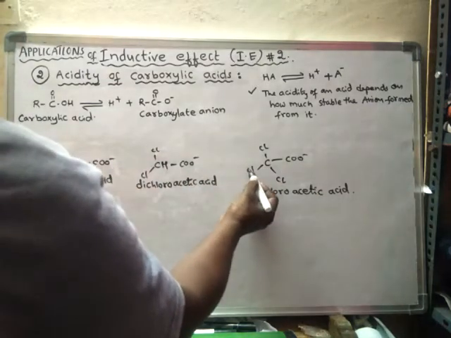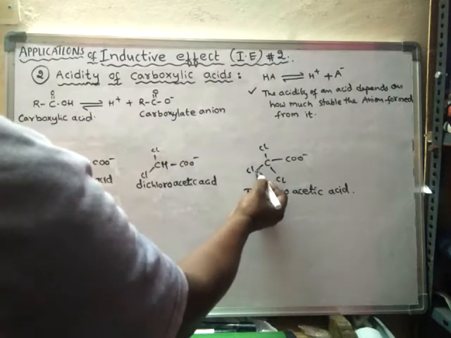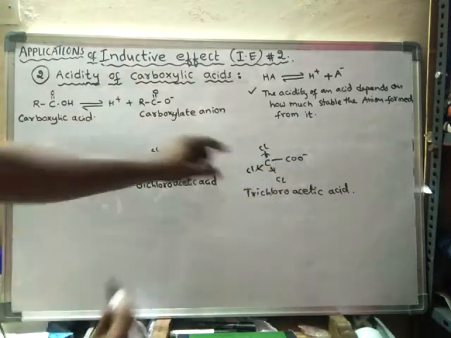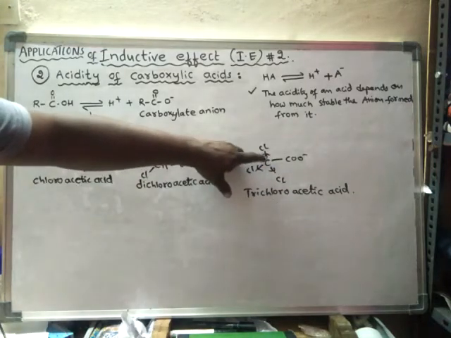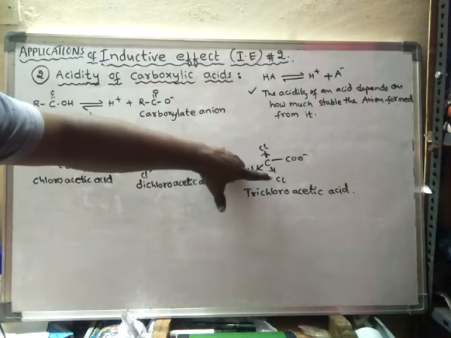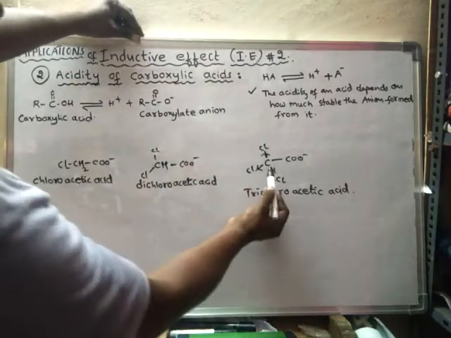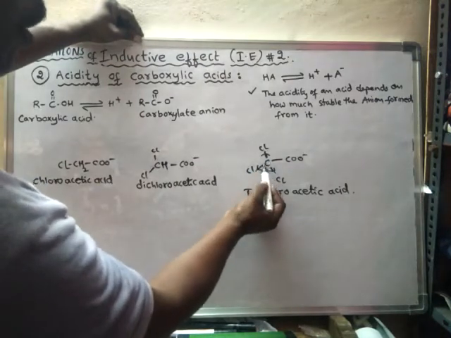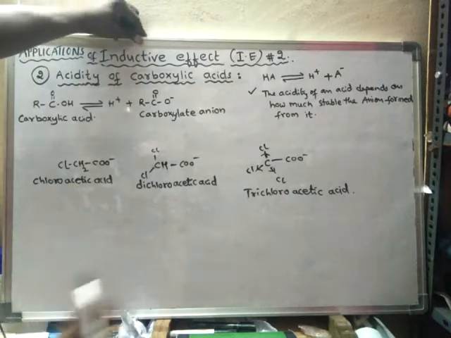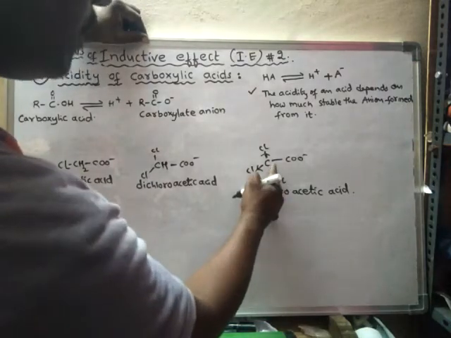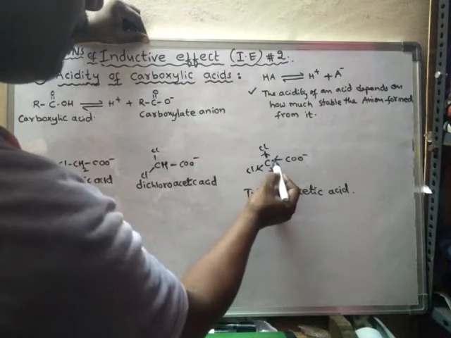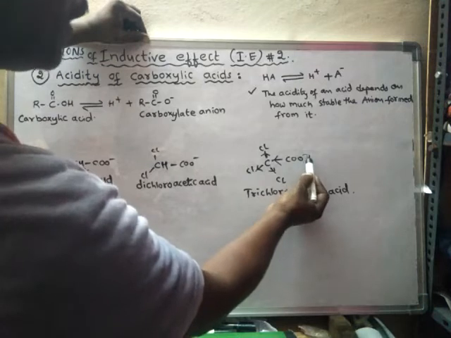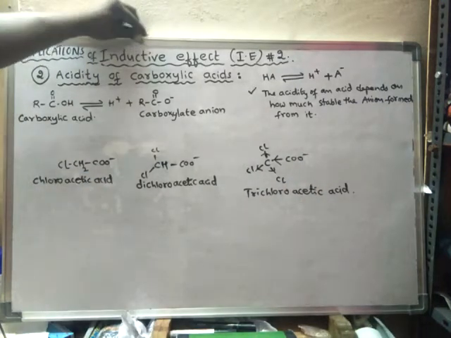These chlorines are minus IE groups, so they will pull the electron density towards themselves. A large amount of electron density is pulled to these three chlorines, so electron deficiency occurs. This deficiency is revived by pulling electron density from this group. As a result, the negative charge on oxygen is decreased.